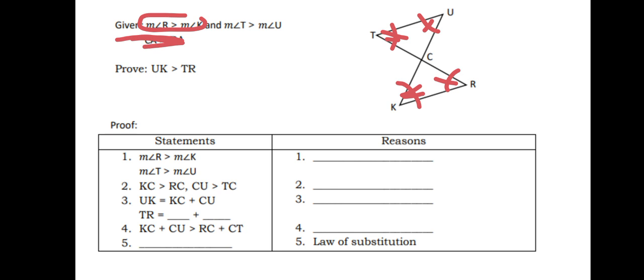That is your given. You're going to prove that UK, from U to K, is greater than TR. For number 1, you already know the reason, right? It's the easiest.